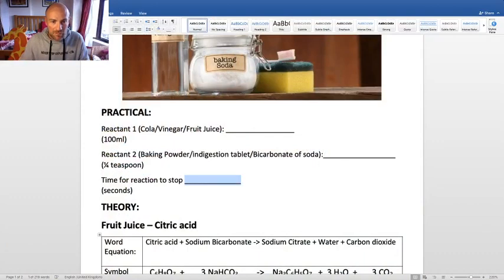Right, mine stopped. So mine took 121 seconds to stop my reaction.